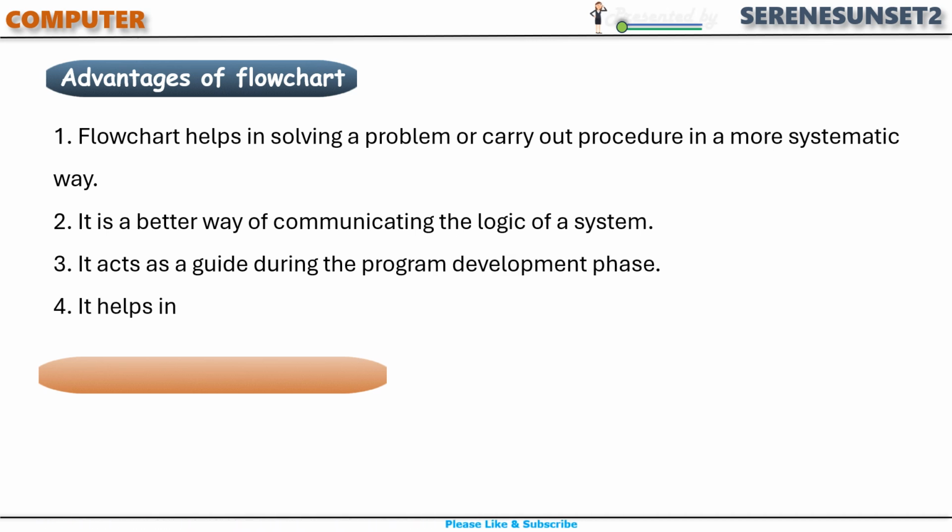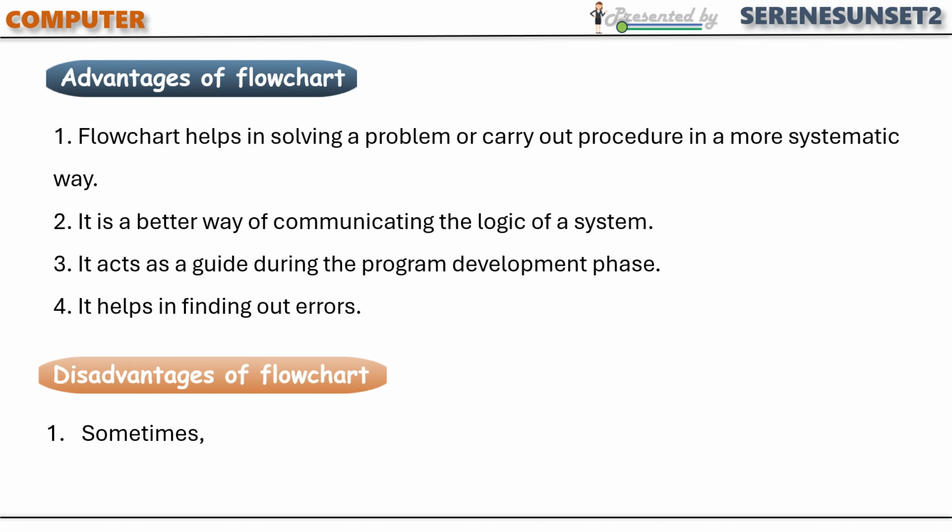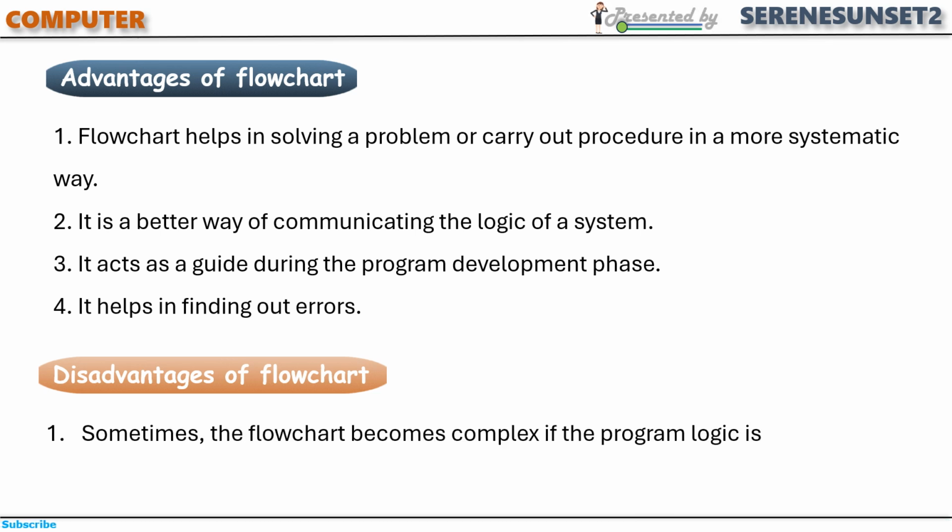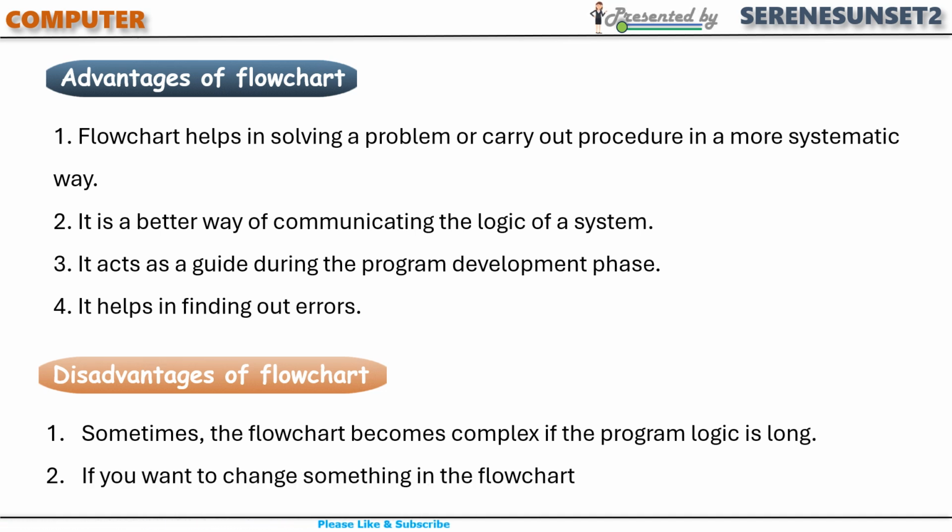Fourth, it helps in finding out errors. Disadvantages of flowchart. Sometimes the flowchart becomes complex if the program logic is long. If you want to change something in the flowchart, you have to redraw it all over again.